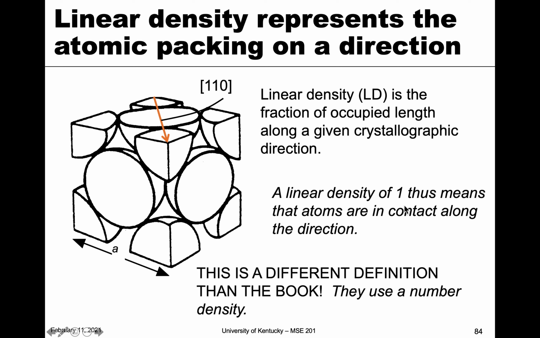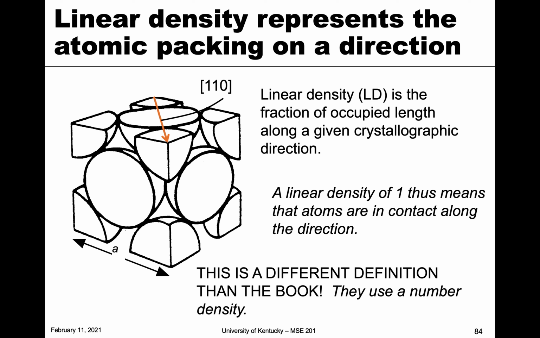So I want to bring up an important point here. The definition that we're going to use, the linear density definition here, is that the highest density is 1. We define it differently than the book does. I don't really like the way they do it. They do a number density, so you get basically a certain amount in nanometers per length.